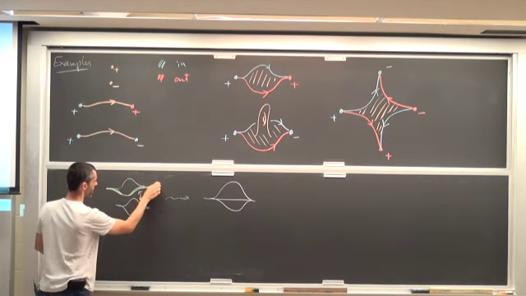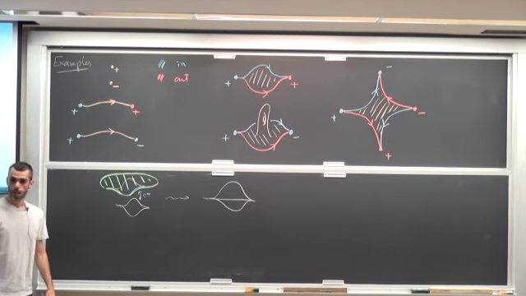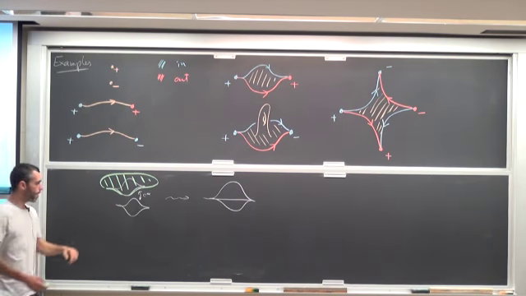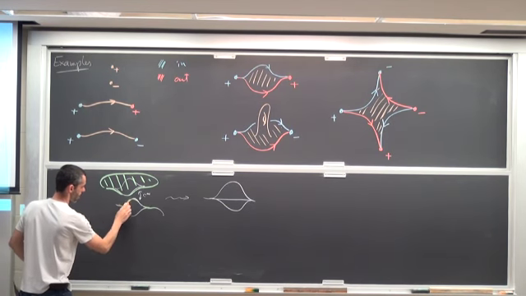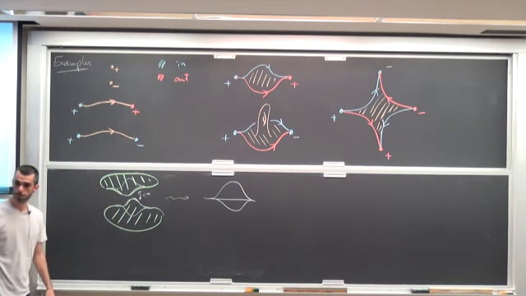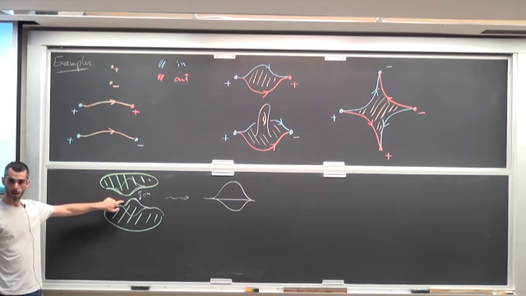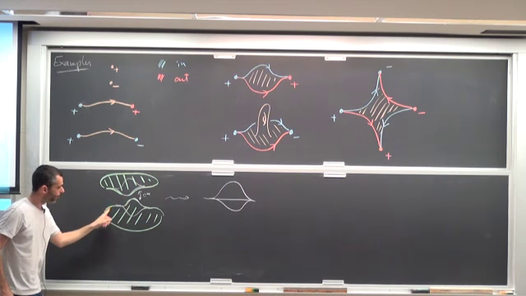So here I put it inside a disk. And I do the same thing here. I embed that one into a disk in that way. And then I extend the C-infinity diffeomorphism to a C-infinity diffeomorphism of the whole disk.